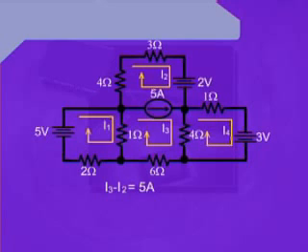Sometimes people may think, okay, we assign 0 volt drop across the 5 ampere current source. What we need to do is combine these 2 meshes, mesh number 2 and mesh number 3, ignore for the time being the central independent current source of 5A, and write the KVL equation for the whole big loop.